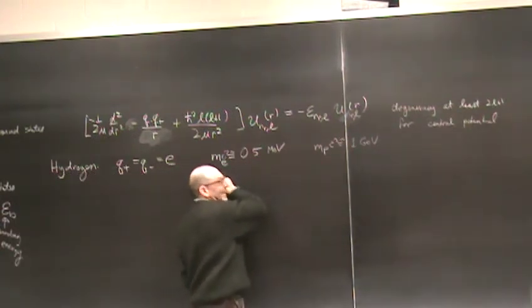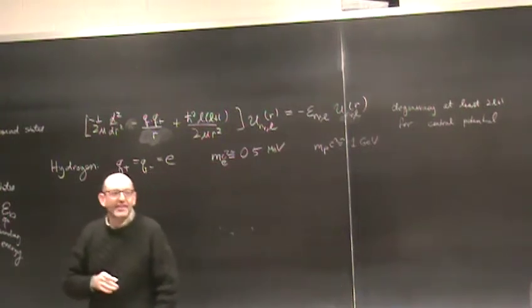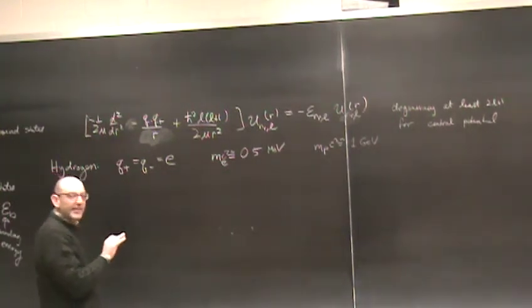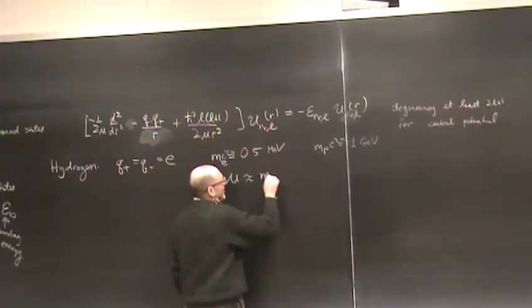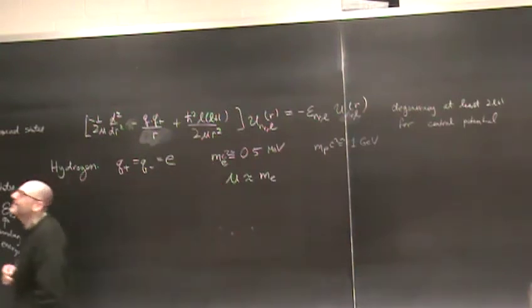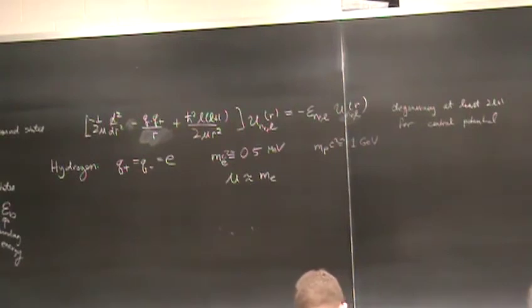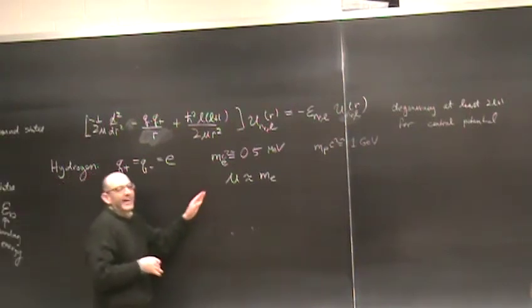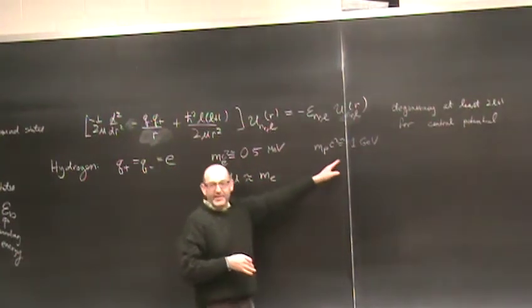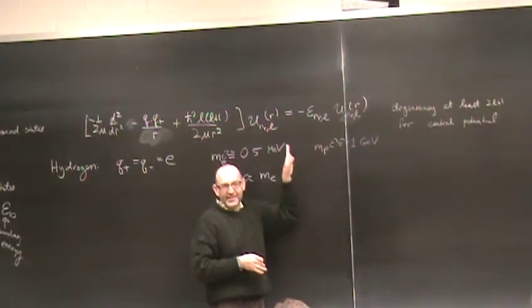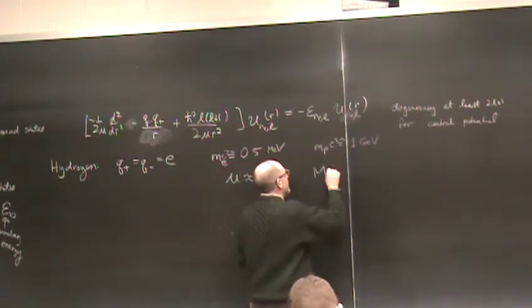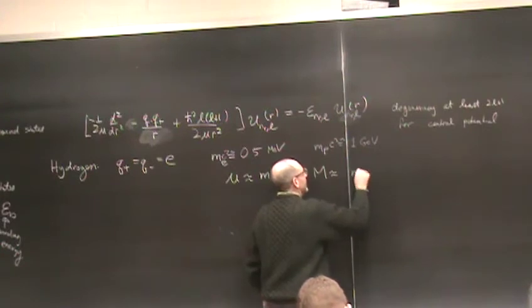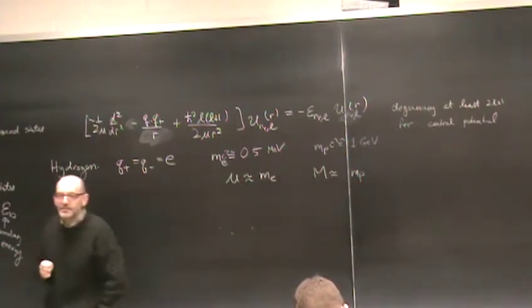So this is tiny compared to this, right? So in this problem, the reduced mass is almost equal to the mass of the electron. There's a tiny, tiny correction due to the fact that the mass of the proton is finite compared to the electron's. But pretty much all the mass of the hydrogen atom is in the proton, right? The center of mass is almost essentially the location of the proton in this case.